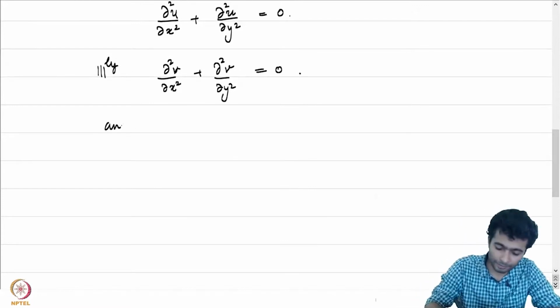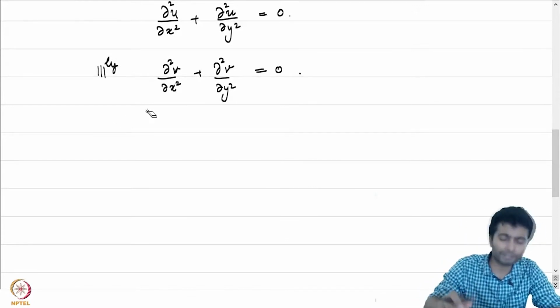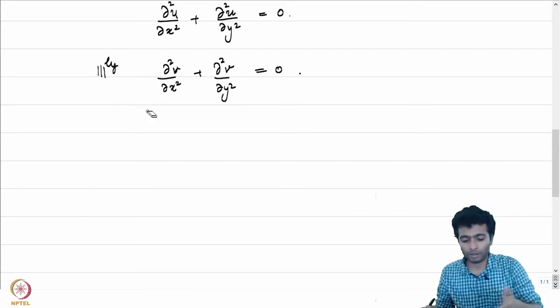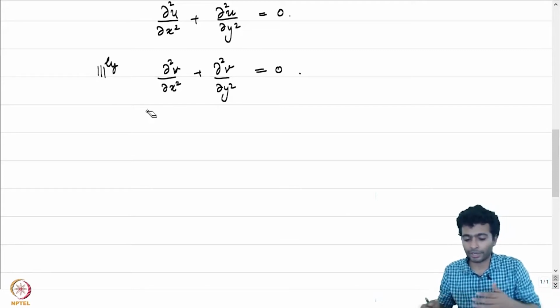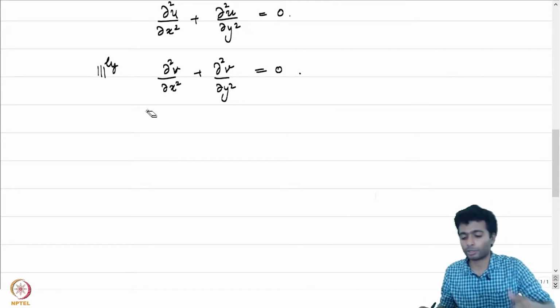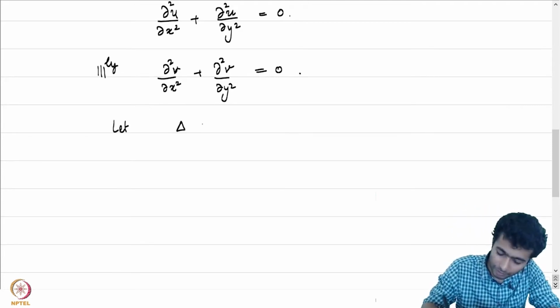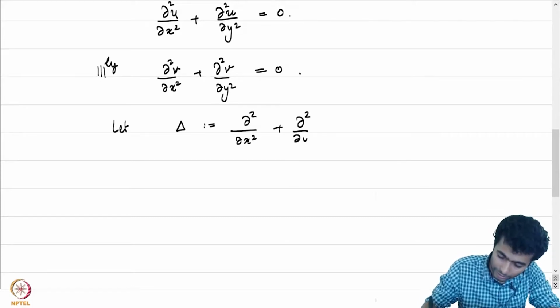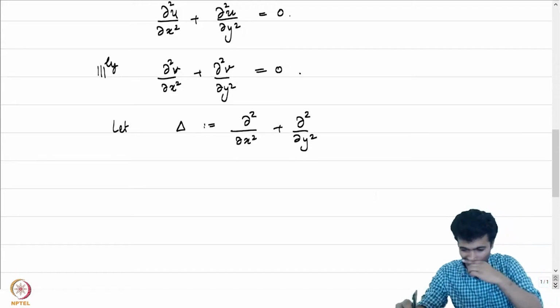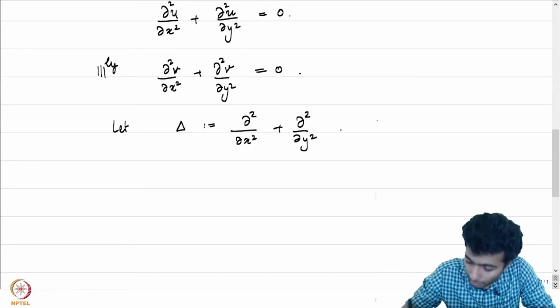And hence, let's give this operator ∂²/∂x² plus ∂²/∂y² some name. So let Δ be defined to be the operator ∂²/∂x² plus ∂²/∂y². Then Δ is called the Laplacian operator.